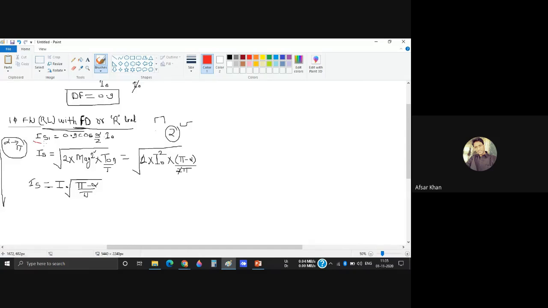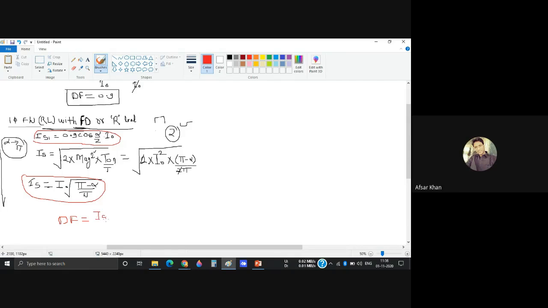This is your IS1 for freewheeling diode, and this is your IS. Then tell me distortion factor. DF is equal to what? IS1 by IS.